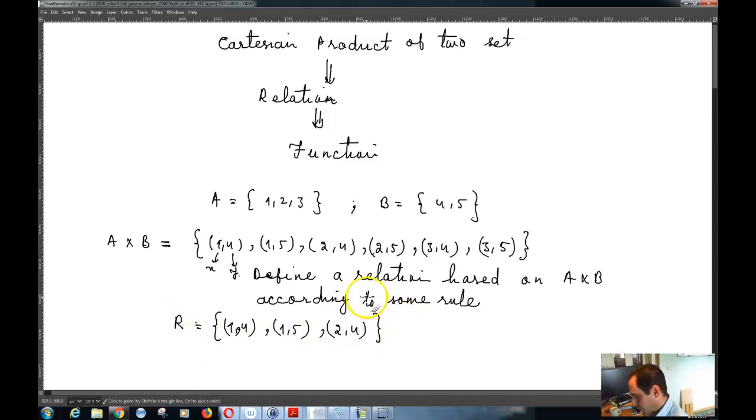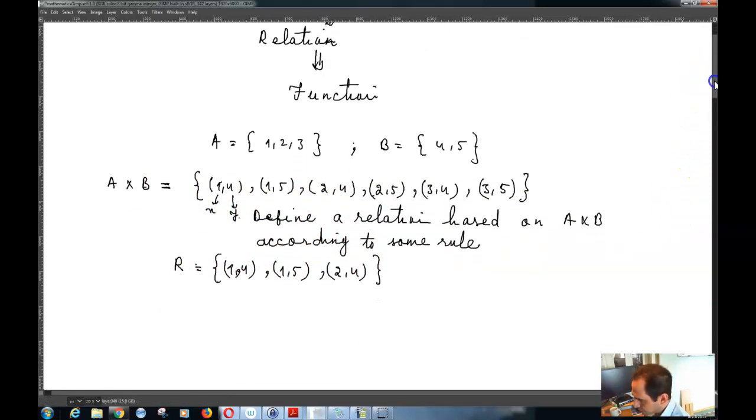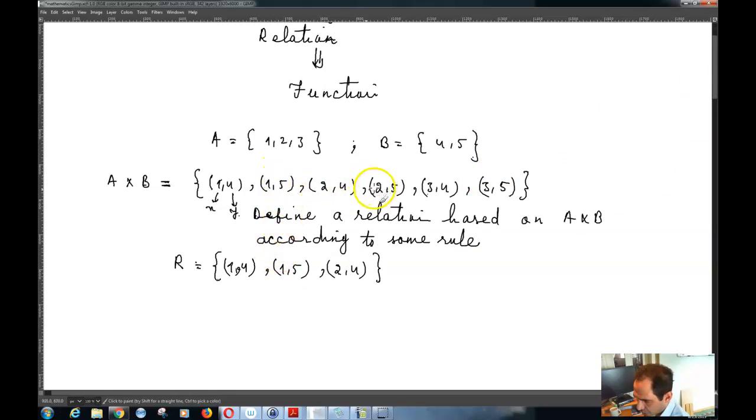Now according to the same procedure, you can of course create as many relations as you want, depending on the number of ordered pairs in this set.